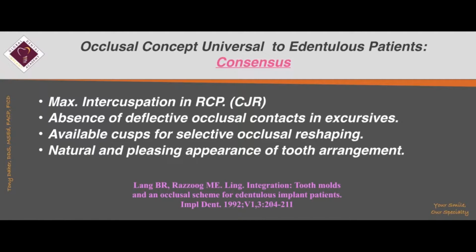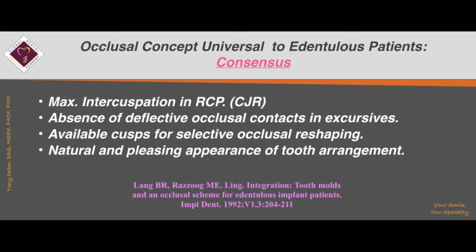So we have to agree on what type of optimum occlusal concept. And this occlusal concept is universally accepted. You have to have a maximal intercuspation in centric. And certainly when the patients move left and right, you don't want to have any deflective occlusal contacts in excursives.